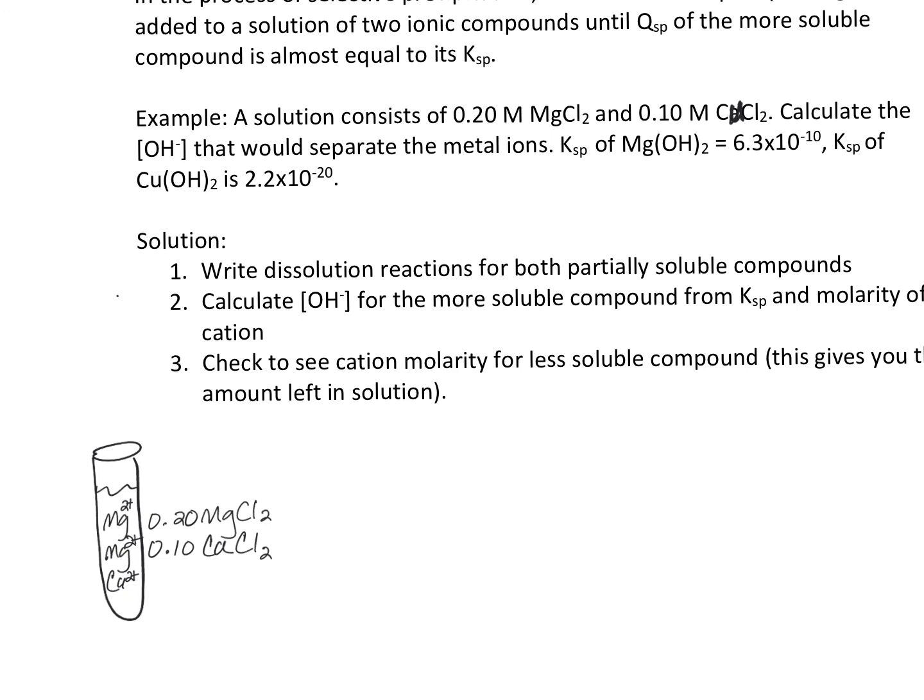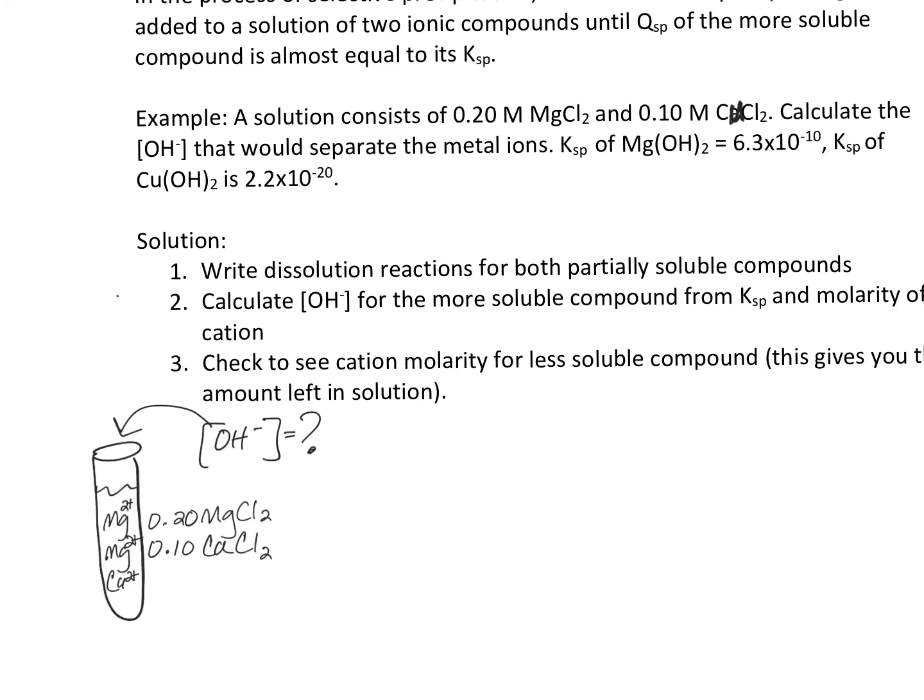So we want to know how much hydroxide I would need to add into this solution in order to precipitate one of them and not the other. So let's think of that really quickly. Which one is actually going to precipitate? As I start adding hydroxide, which one's going to start precipitating first?